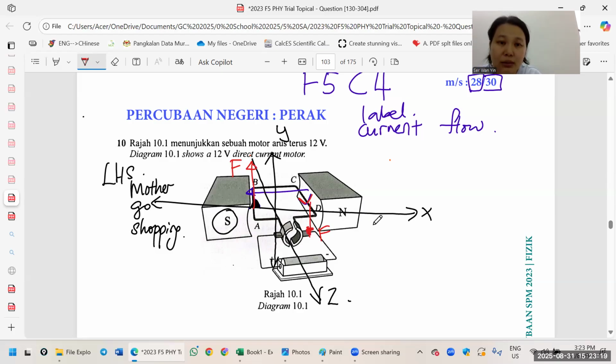Then if we see from this side, this is our left hand side, this is our right hand side. Look at the clock. The clock also has 9 and 3.